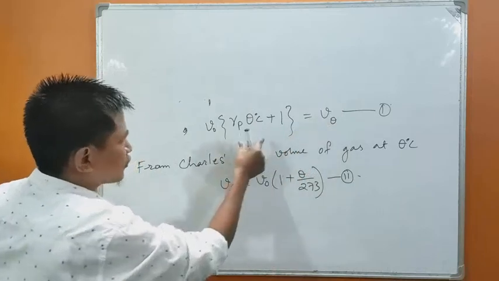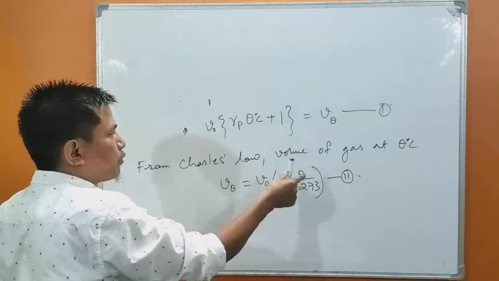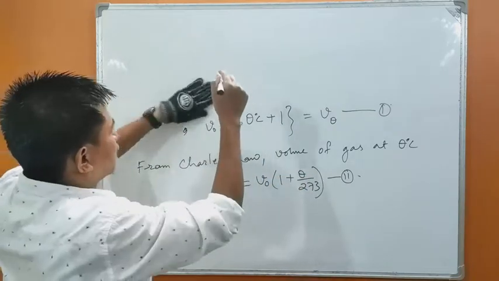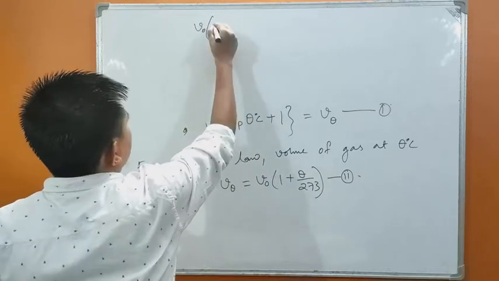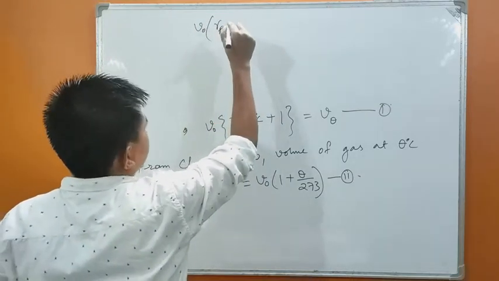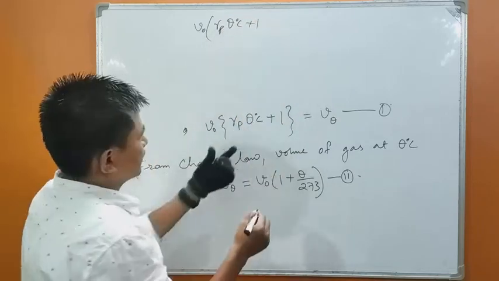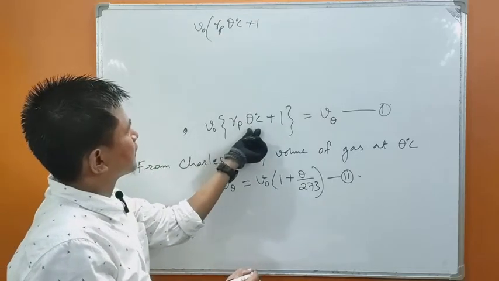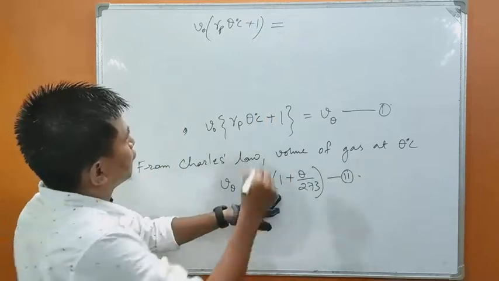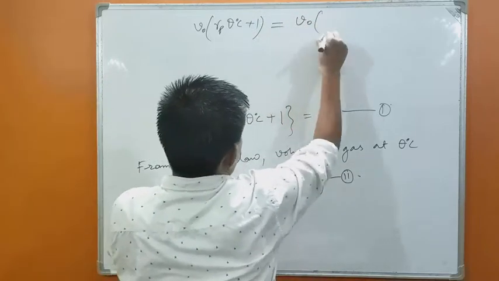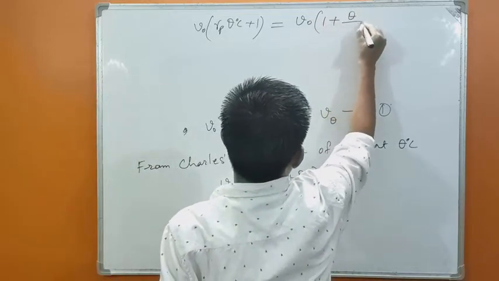Since V theta equals this in equation 1 and V theta equals this in equation 2, in both cases these are equal. So we can write V0 into gamma P theta degree Celsius plus 1 equals V0 into 1 plus theta upon 273.